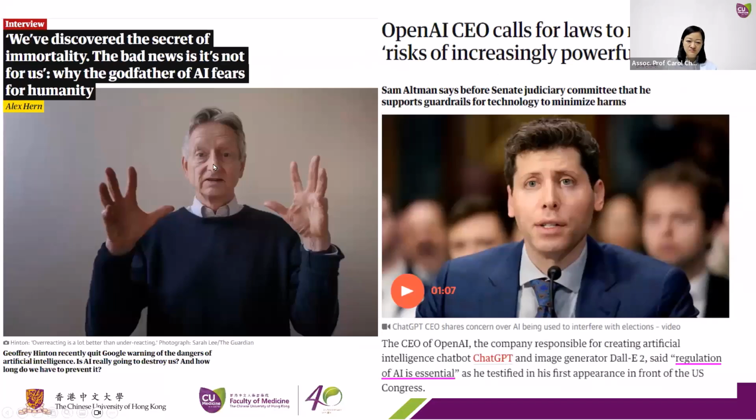Recently, Geoffrey Hinton, godfather of AI, quit Google, warning of the dangers of AI. And the CEO of OpenAI called for laws to mitigate risk of increasingly powerful AI. So how should we use AI, and what risks do the technologies pose to patients and clinicians?